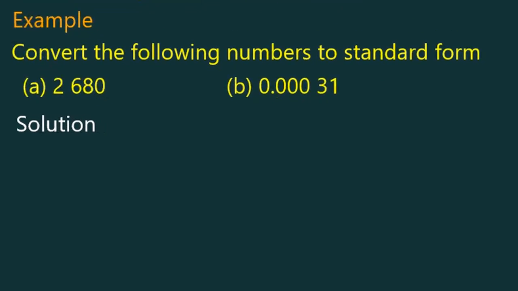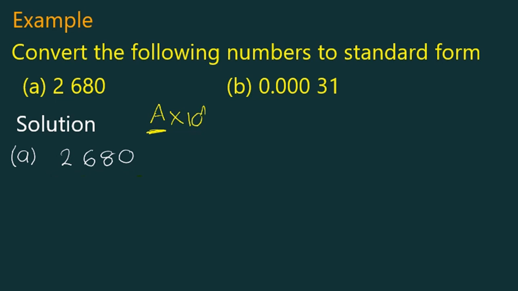Starting with part A, we've got 2680. Now remember what we say. We say that standard form is the form a times 10 to the power of n, and a is a number that is between 1 and 10. So you ask yourself first, where is the decimal point when I'm looking at 2680?